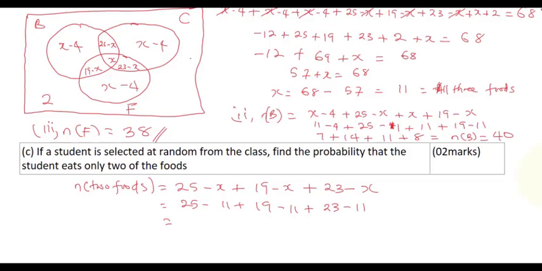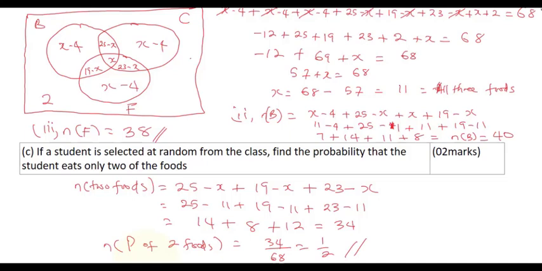Now this is going to give us 14 plus 8 plus 12, and the total here is going to be 34. Now, to get the probability of two foods, it's going to be 34 over the total, which is 68. When you divide this, you're going to see this is 1/2. So as easy as that, you can attempt the Venn diagram question of 3 circles.